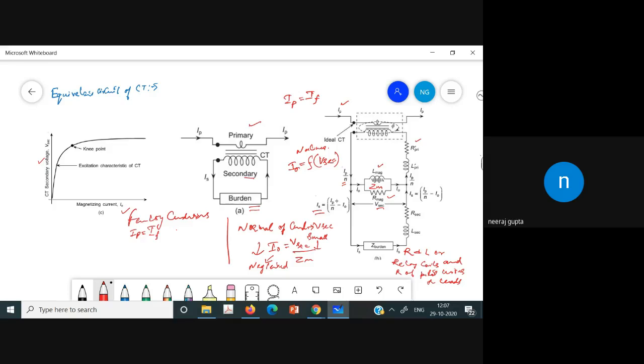The secondary voltage is the sum of these voltages. If the primary current is large, then the secondary current would be large.